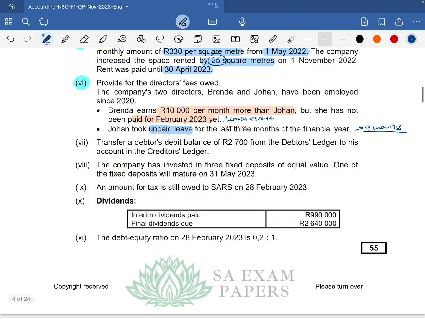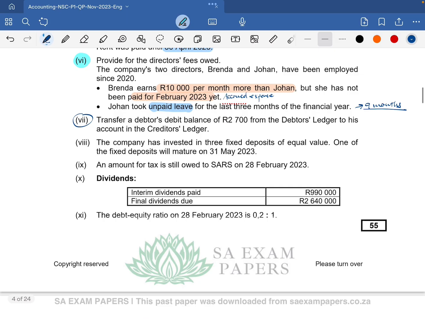Okay, so the last one that we ended at was Roman figure 7. So Roman figure 7 says transfer a debtor's debit balance of 2,700 from the debtor's ledger to his account in the creditor's ledger. Now let's use a T account to see what's actually happening here.